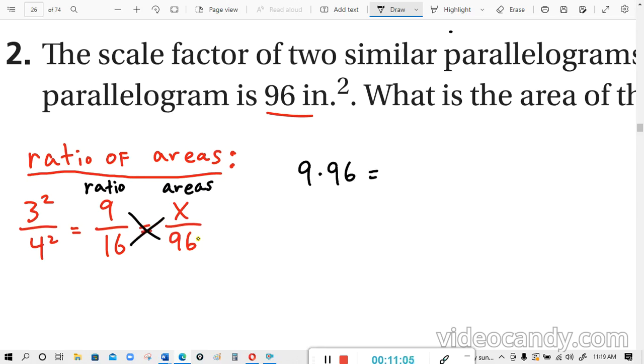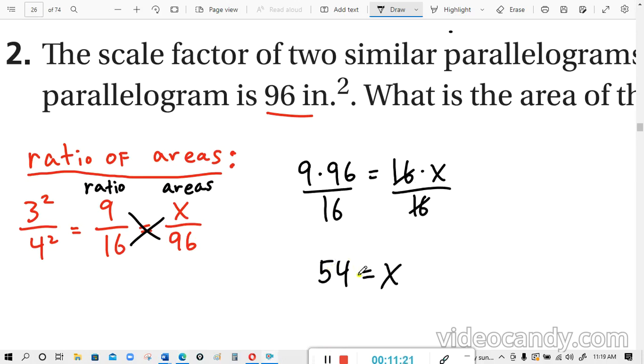Bottom times top is 16 times x. Solving for x, divide both by 16. Cancels here, and I'll do this on the calculator. I get x equals 54. The units on the first one was inches squared, so this one would also have to be inches squared.